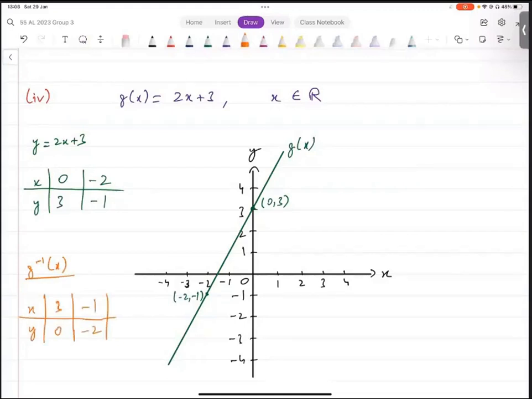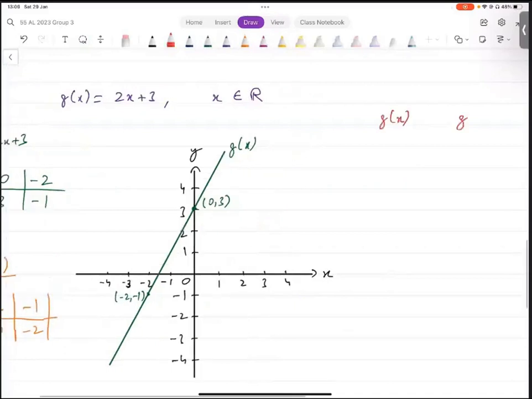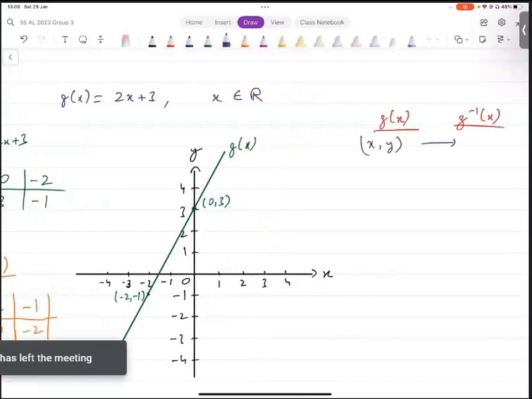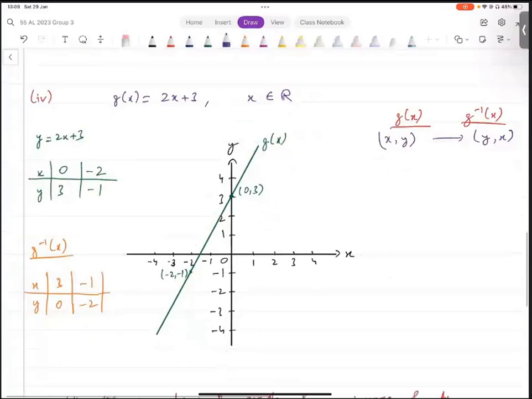So the coordinates in the inverse and the original function: if this is g of x and this is g inverse of x, if you have x, y here, it becomes y, x there. Coordinates flip, they interchange. Okay? So that means this point that you had here at 0, 3, for the inverse function, it will be at 3, 0.